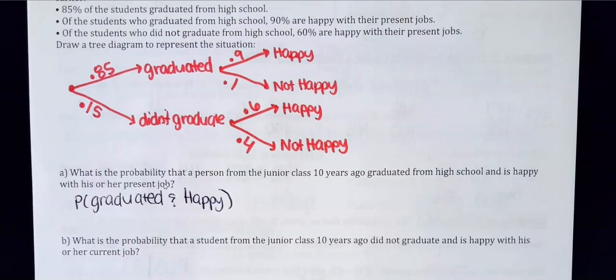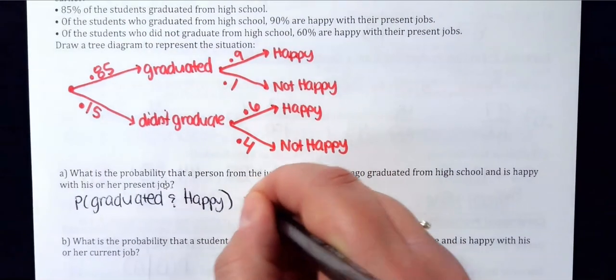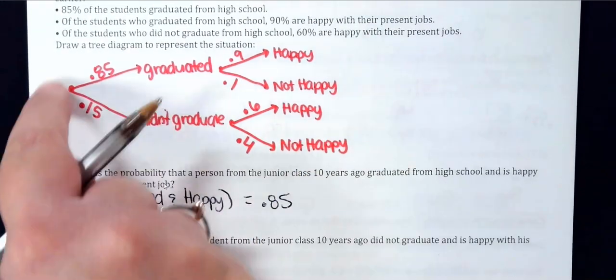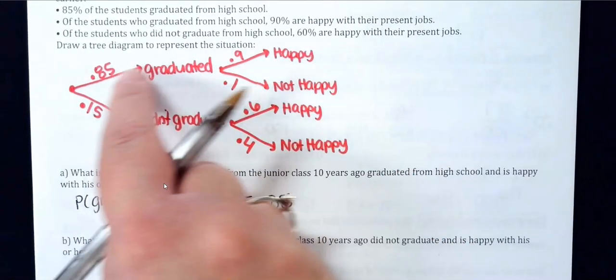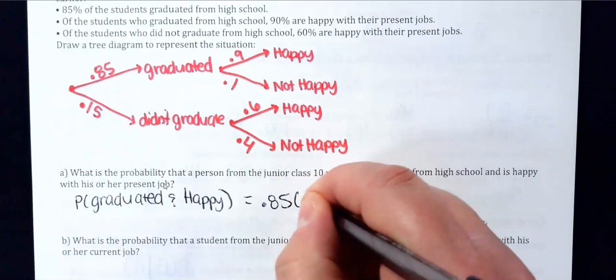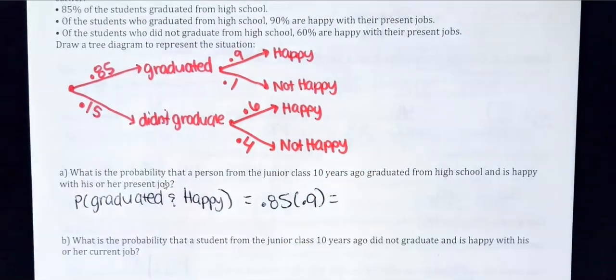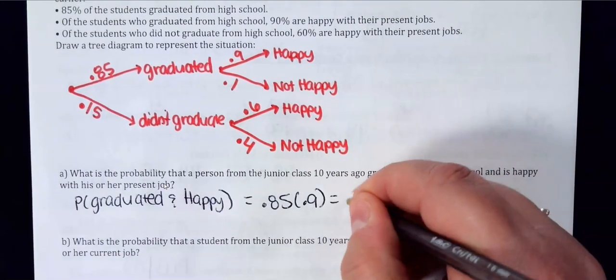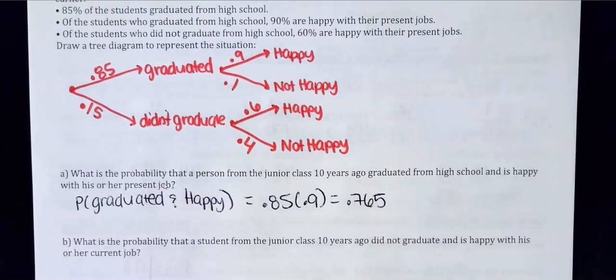What do you think? Yes, okay. So graduated, we would go along here, so it's 0.85. And I want to end up with the category where people are happy, so 0.85 times 0.9. We're going to calculate this real quick, and we get 0.765 there.